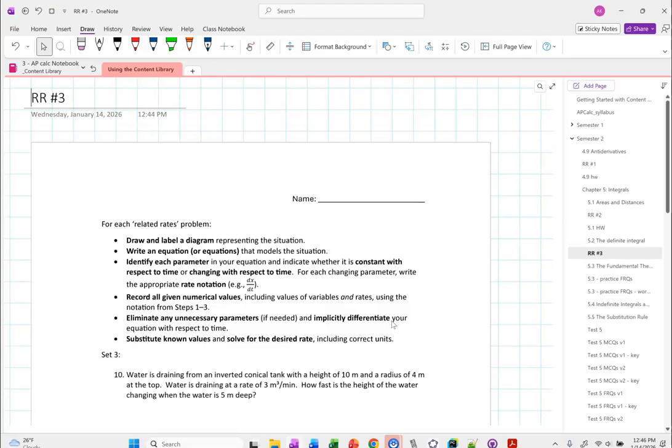Let's start in the usual fashion where I'll read through the solutions for these problems and then we'll take questions. Sound good? Okay. For number 10 is negative 0.239 meters per second.